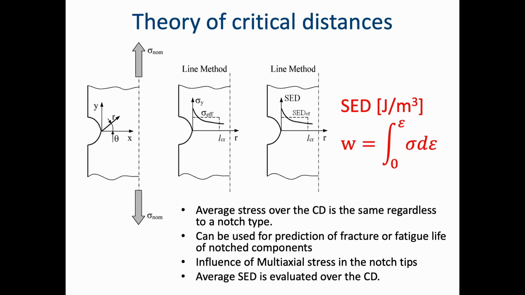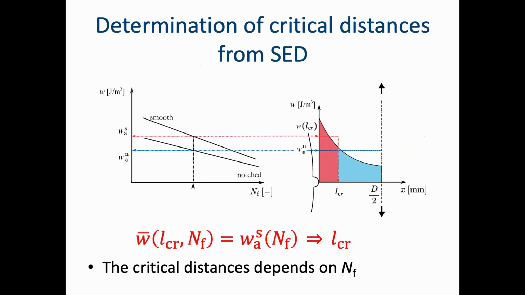So the first problem is how to determine the critical distances. Here I will show how to do it from strain energy density. We need some experimental data shown in this graph, and then we need the stress distribution or strain energy density distribution ahead of, in front of the notch tip.